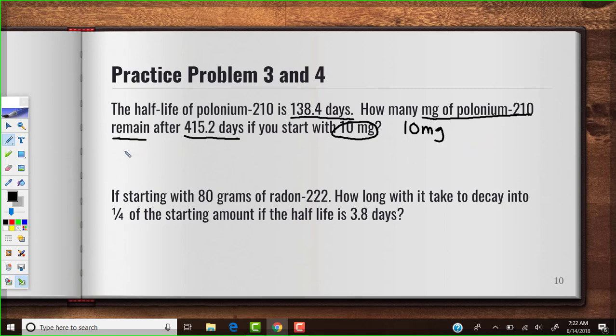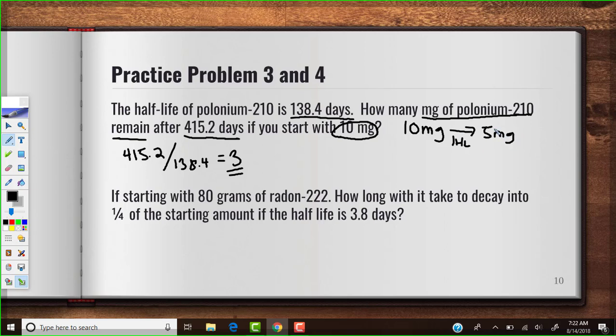In order to do that, we'll take the amount of time we experience, and we're going to divide that by how long each half-life is. That will tell us how many half-lives we undergo. If we do the math here, we end up with 3, meaning we undergo 3 half-lives. If we undergo 1 half-life, we're left with 5 milligrams, right?